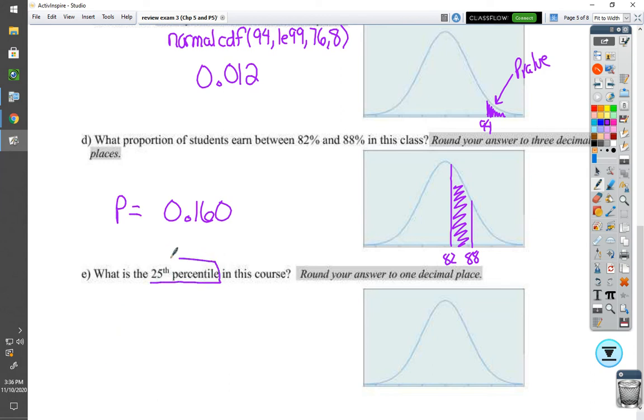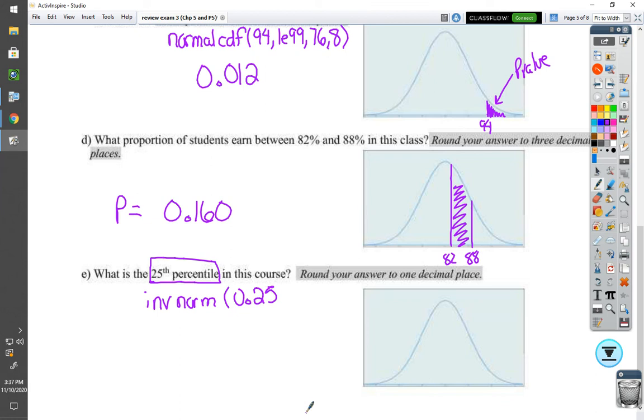Again, P equals. What is the 25th percentile? Okay, well, the 25th percentile means if we accumulate 25% of the area, what will be the score that's associated with this? This is an inverse norm. So when I calculate an inverse norm, remember it wants two things. It wants to know what is the area of that value.